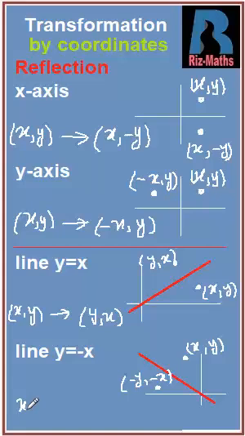So xy will become negative y comma negative x. So these are the four transformations of reflection in x-axis, y-axis, in the line y is equal to x and y is equal to minus x.